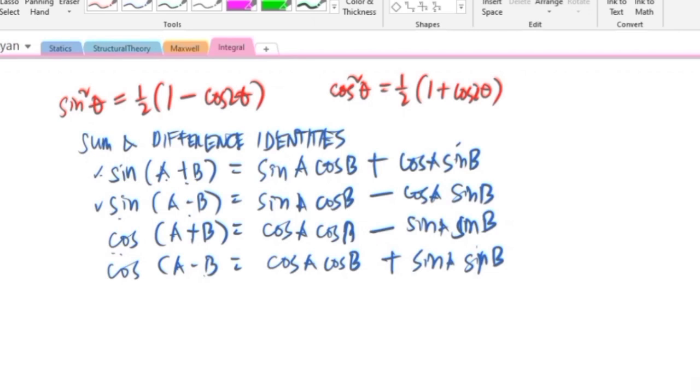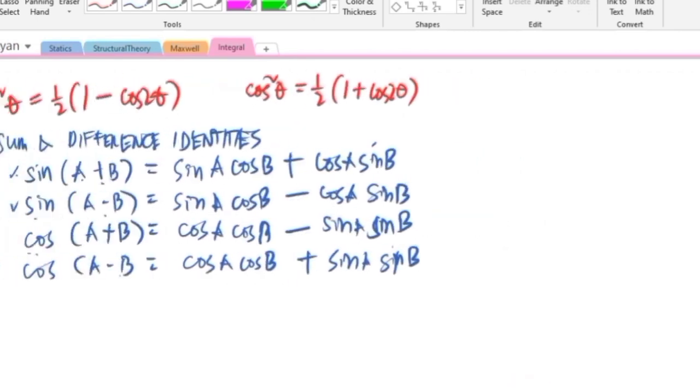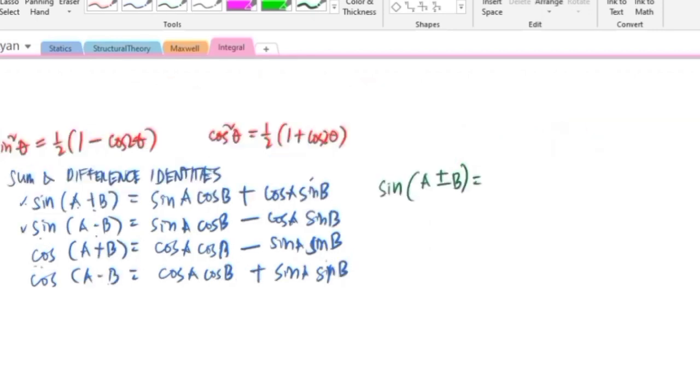So, para isulat natin siya ng mas mabilisan, pwede natin siyang isulat ng ganitong way. I have the sine A plus and minus B, and I have here cosine A plus and minus B. So, for the sine, as I have said, sine is sin, cos, cosine.